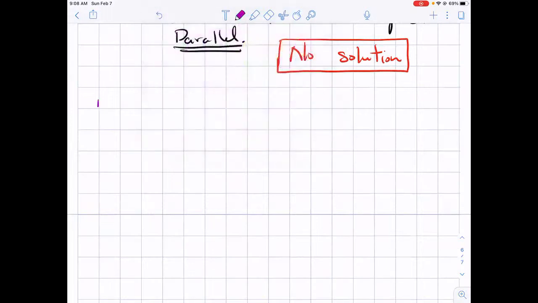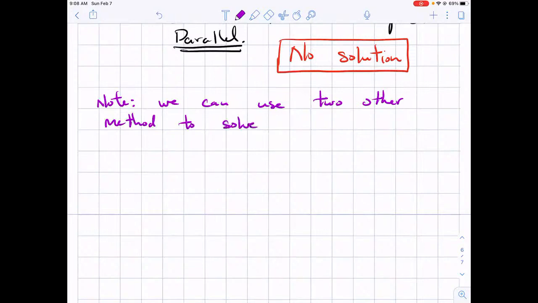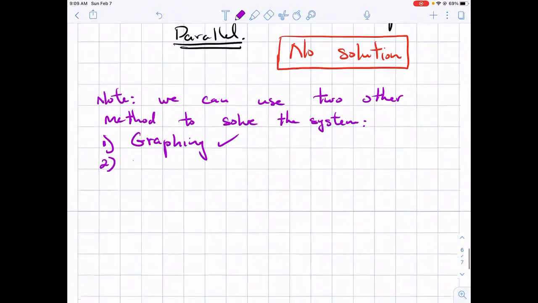So note, we can use two other methods to solve the system. We've looked at case one, which is graphing. Second method we can use is called the addition method, and this is also known as the elimination method.